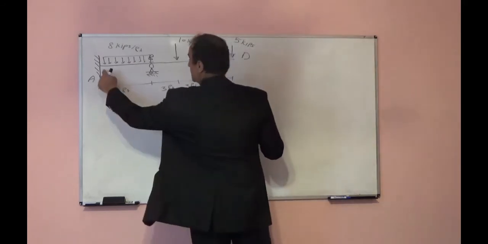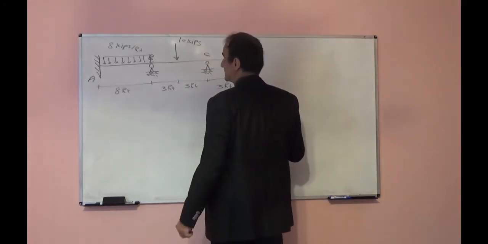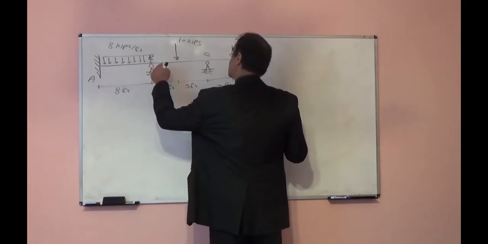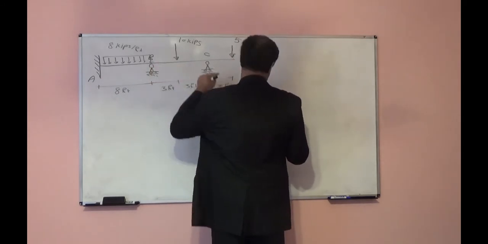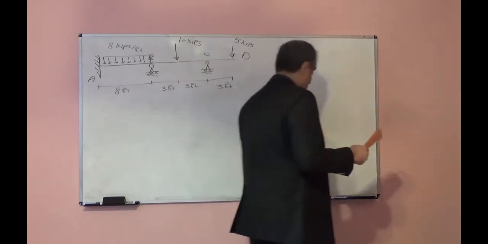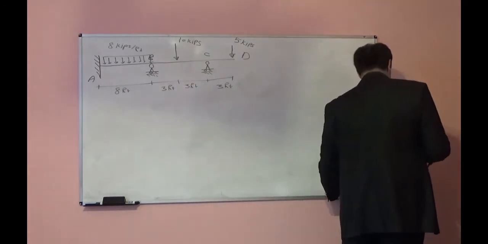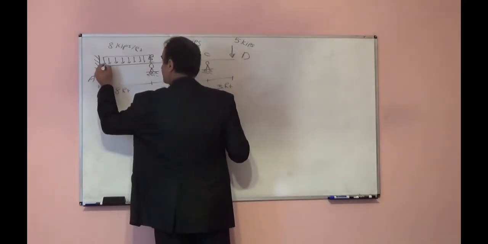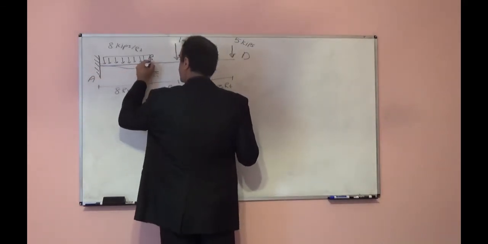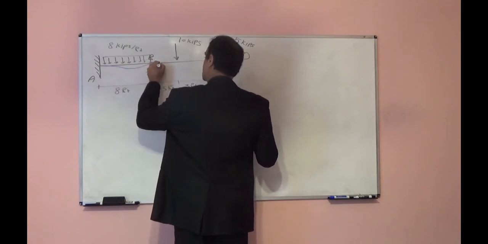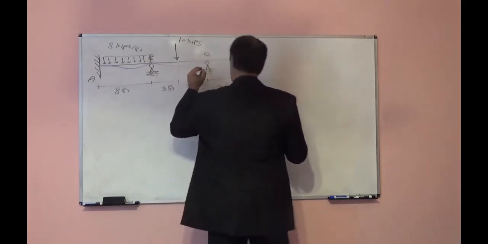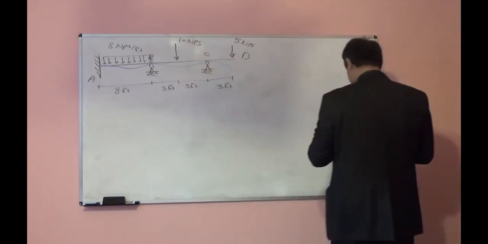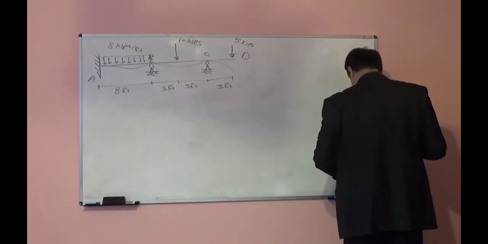But the rotation of A is equal to 0 because it is a fixed support. So the degrees of freedom here are only the rotation of B and the rotation of C, because this beam will deform something like this. So we have 2 degrees of freedom.